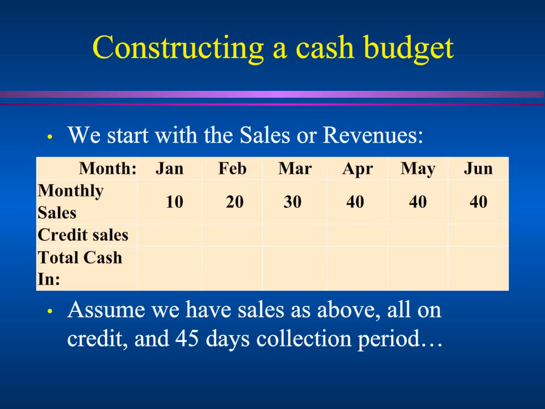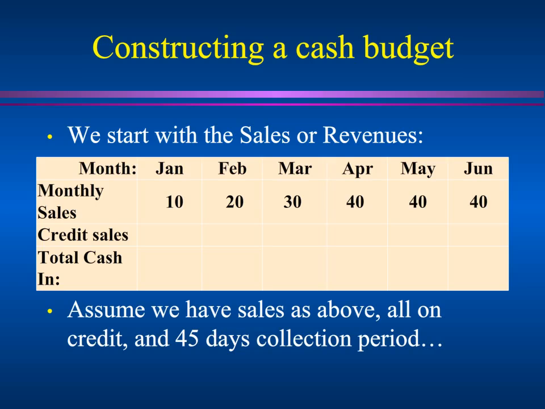Now, to illustrate how cash flow works, we're going to assume that everything we sell in this particular instance is on credit, and that we have a 45-day collection period. Recall we talked about collection period at the beginning of the week 8 slides. So, 45 days collection period.